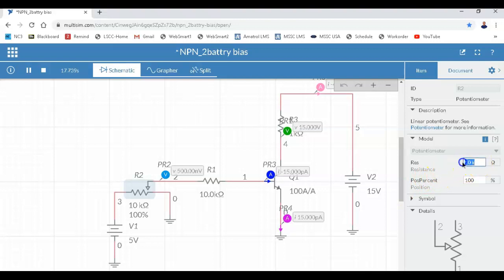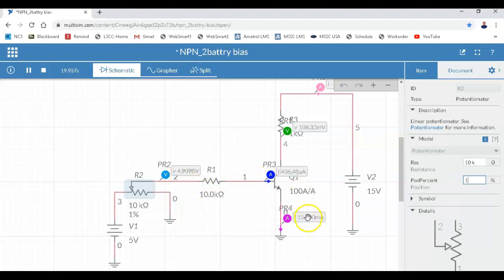So what I'm going to do is come over here and set my angle. The slider is not working, is what it is. So this is 1%. So here we have 5 volts here, right? You understand that?